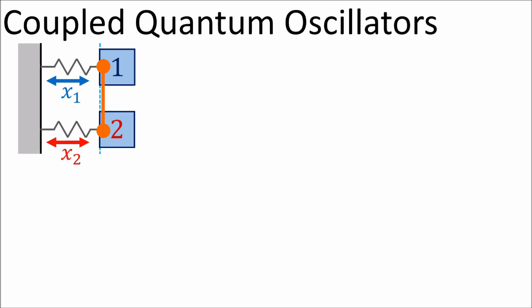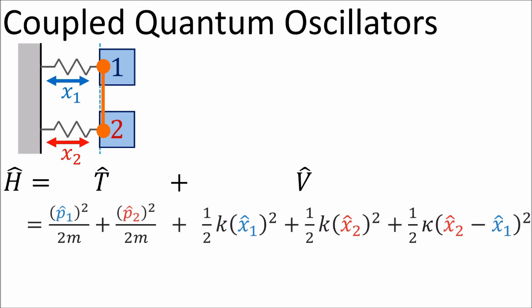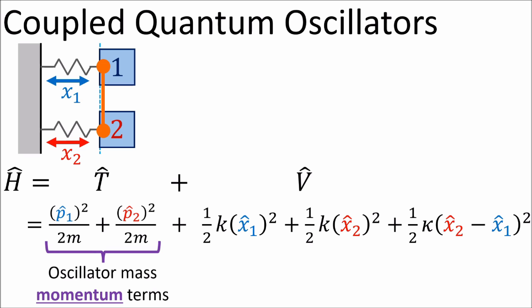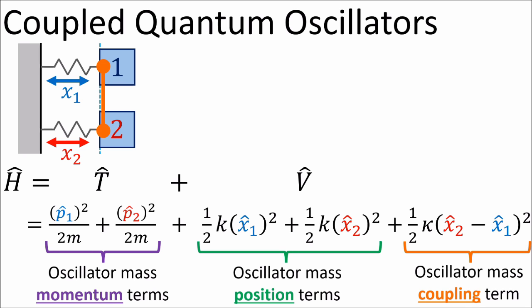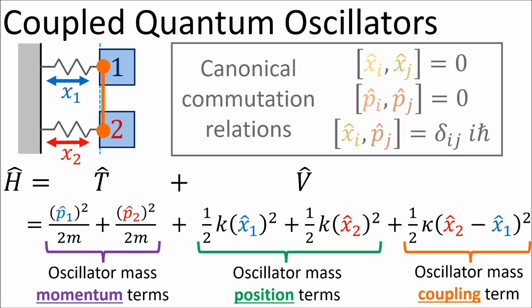Now, the Hamiltonian for our oscillator system is the same one we saw in classical physics, with kinetic energy terms, spring potential energy terms, and a coupling potential energy term for the rubber band connecting the masses. The only difference is that the x and p variables are quantized and are now non-commuting quantum operators.